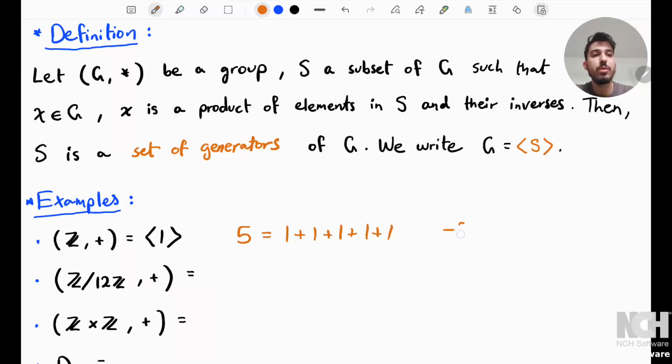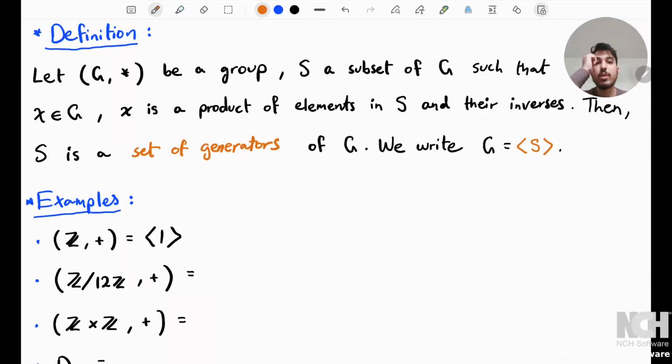And minus 2 can be generated by adding the additive inverse of 1 twice. So that goes for any integer in the set. That means that 1 is a generator of the set Z with the addition.